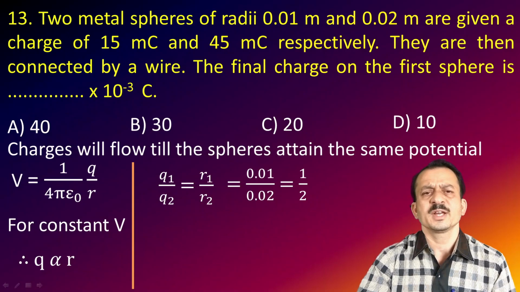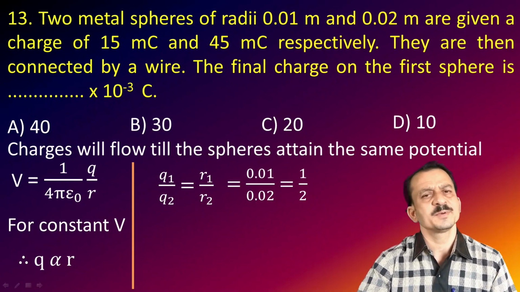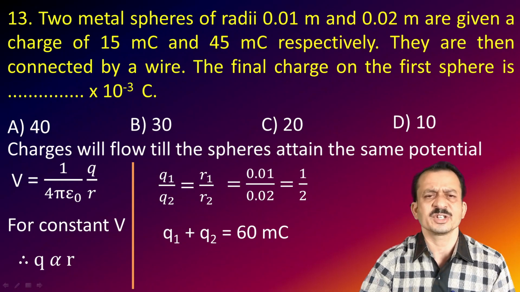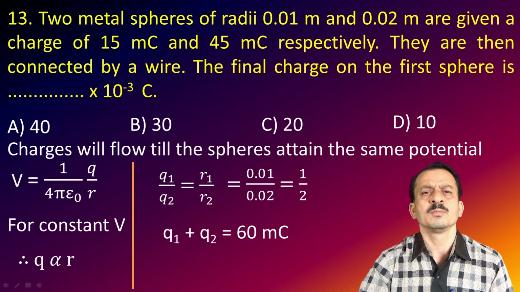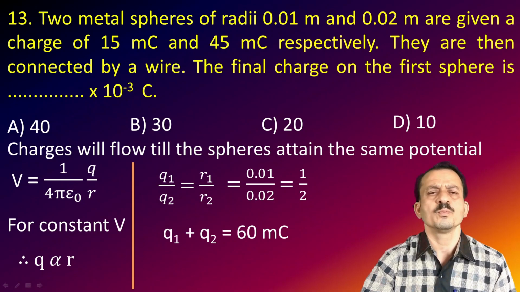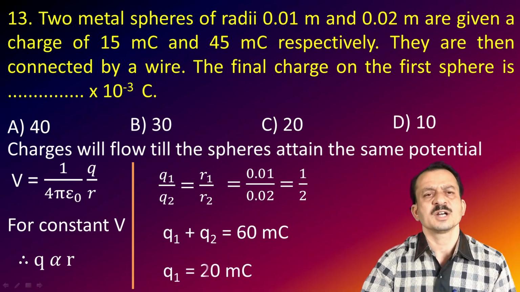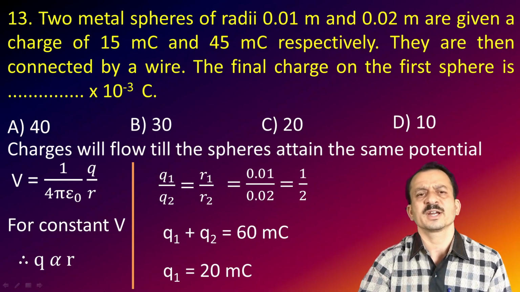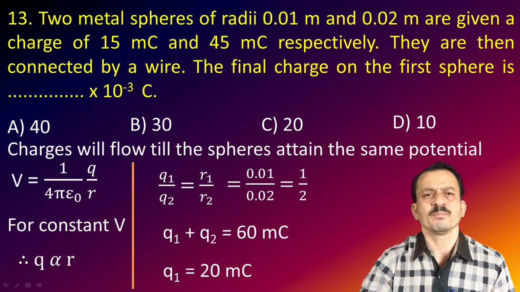The first sphere has 15 millicoulomb charge and the second sphere has 45. Then what is the total charge of the system? The total charge is 60. Now this 60 millicoulomb is going to be redistributed in the ratio of 1:2. On that basis, the charge on the first sphere is 20 millicoulomb and the charge on the second sphere is 40 millicoulomb.